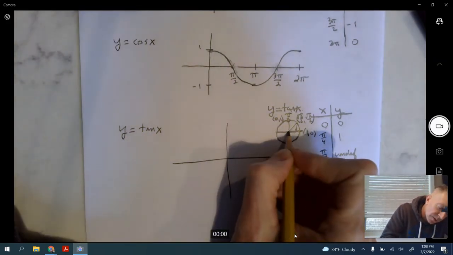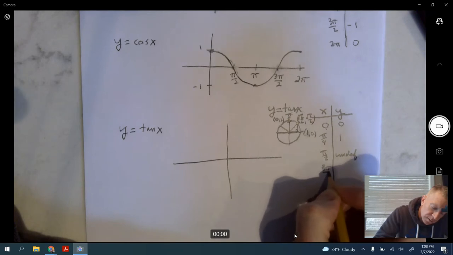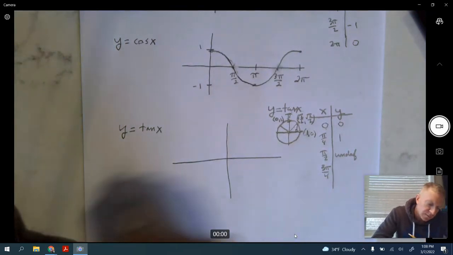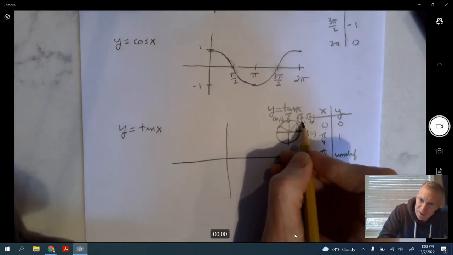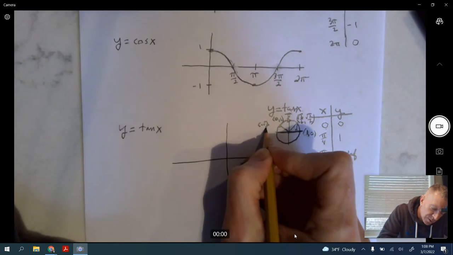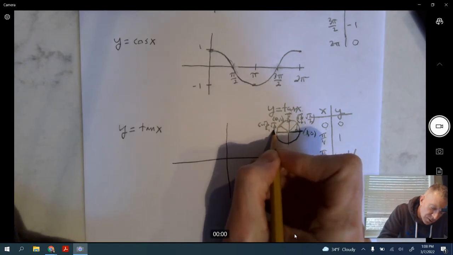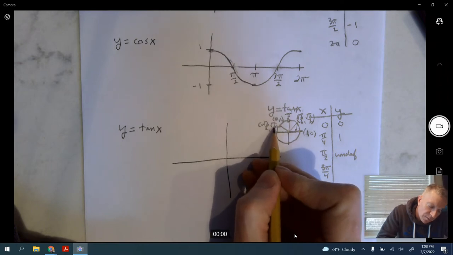Okay, now let's go over here at 3 pi over 4. The tangent of 3 pi over 4 is, so this point right here, similar to this point, except your x value is negative. So that's going to be negative rad 2 over 2, comma, positive rad 2 over 2. So the tangent of that angle, 3 pi over 4, is going to be the y over the x.